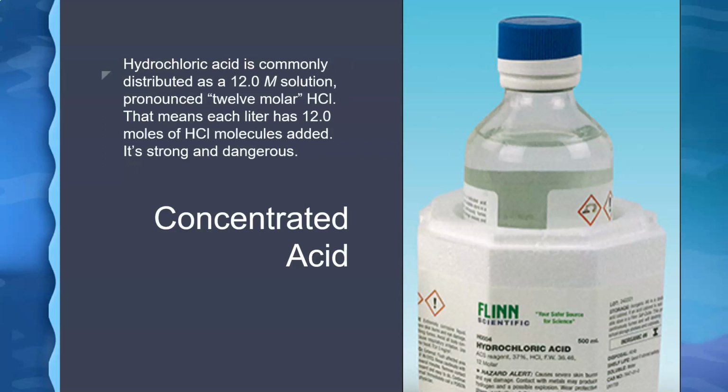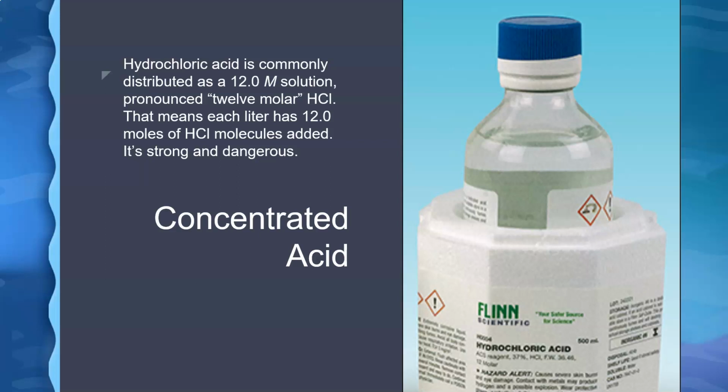So for example, hydrochloric acid commonly comes as a concentrated 12.0 big M solution, 12 moles per 1 liter. And again, we would call that 12 molar HCl.